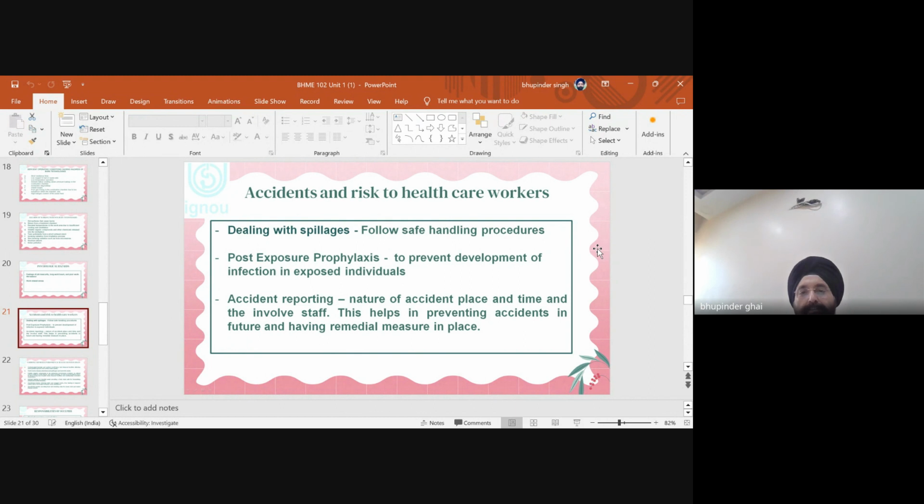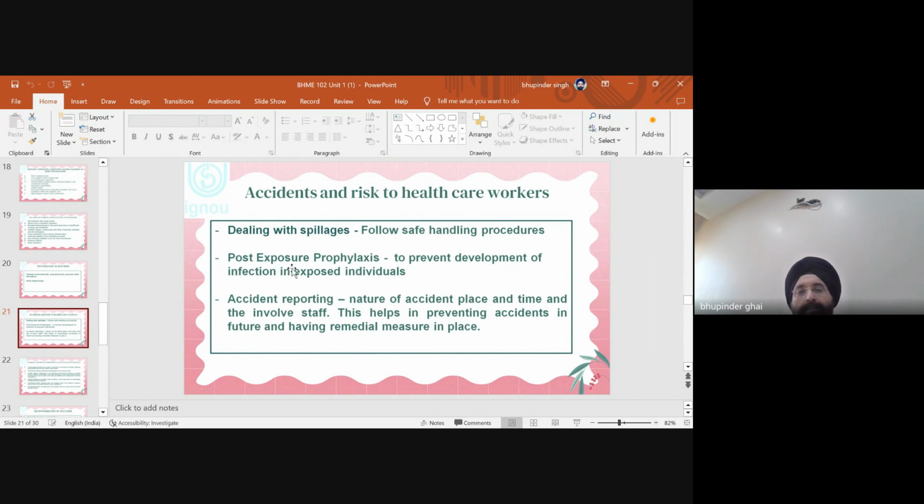In that case, the person should go for post-exposure prophylaxis. That means the person is exposed to blood or body fluid of a person who is suffering from HIV or hepatitis B or hepatitis C. So there is a risk of developing those diseases.